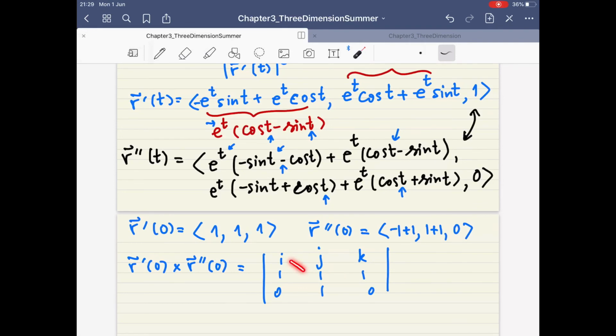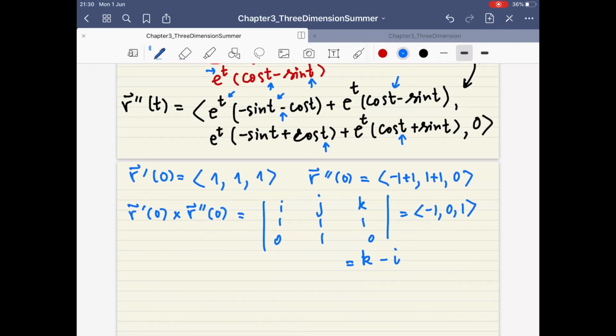Okay, you see this diagonal multiply, the first one is 0, the second one is also 0, so the one that is left over is the k. So you get a k, and then this upward, your k is gone, your i survives, so you get negative i, and then your j is gone. So actually this one is negative 1, 0, 1.